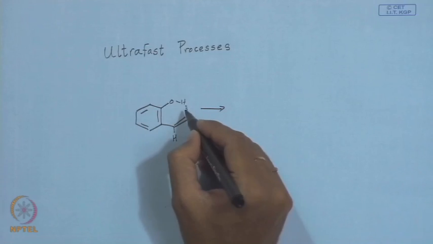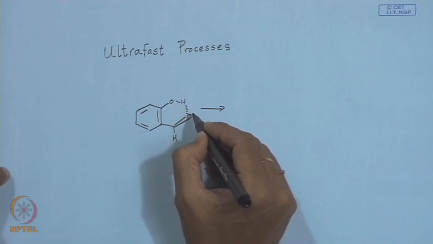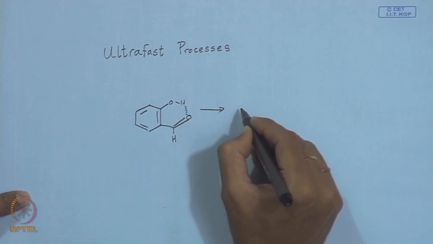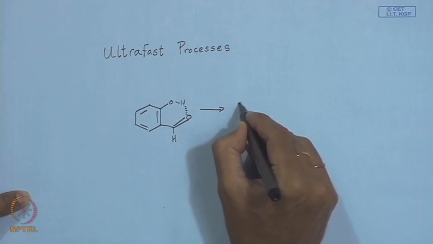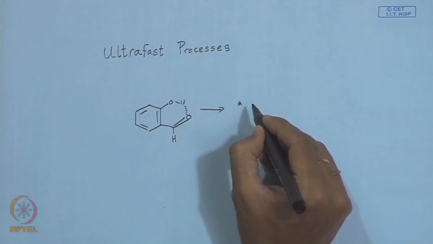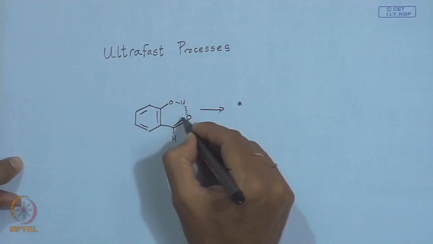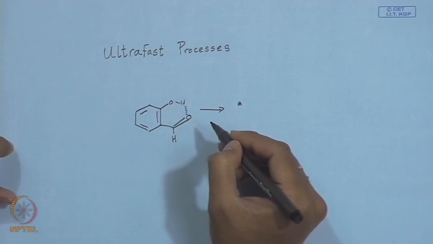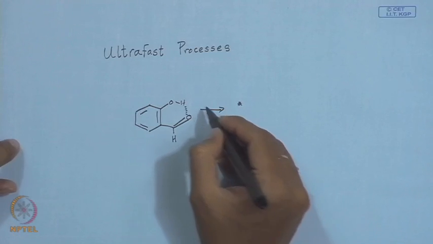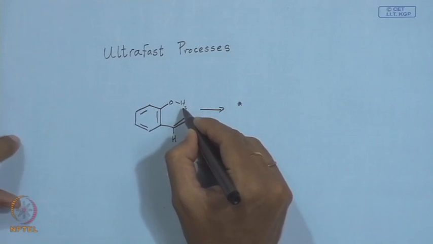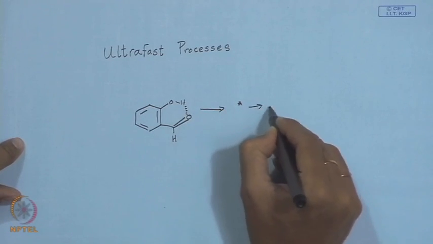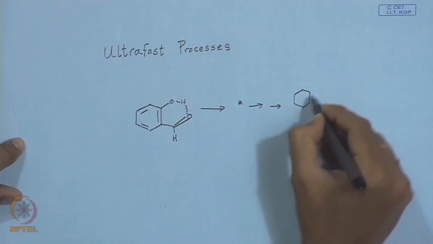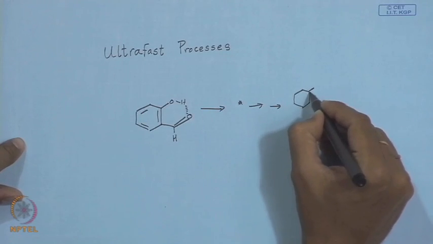So you can probe this process. This is a very fast process. You excite, then you generate your excited state species, which is denoted by a star, and in the excited state the acid base properties differ considerably from the ground state. So it snatches this proton and thereby this species is generated.